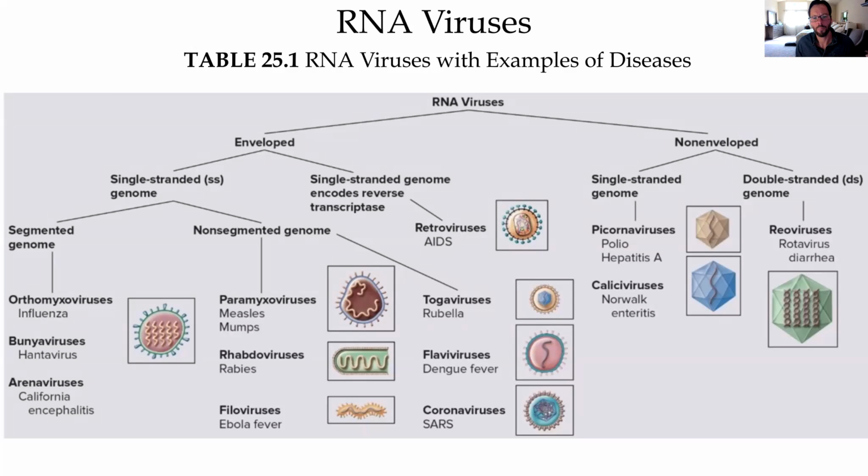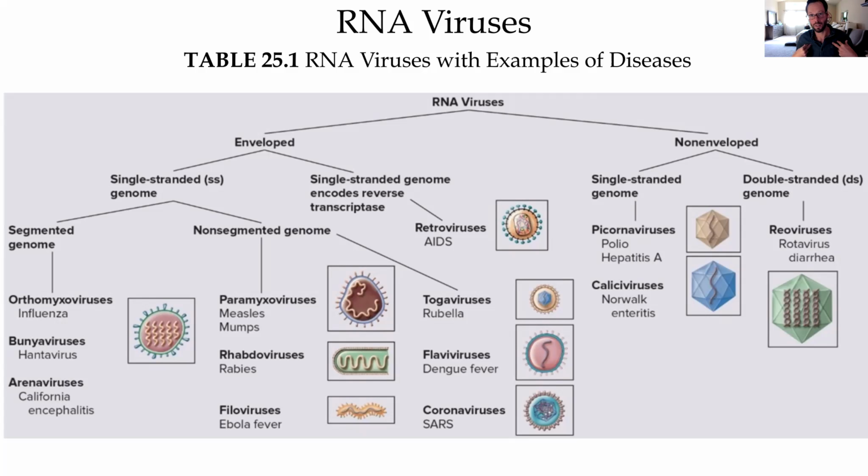And so one of the reasons is that RNA viruses have high mutation rates because they don't have the machinery to correct those mutations. So a DNA virus doesn't have nearly as many mutations. It doesn't mean that they don't mutate.